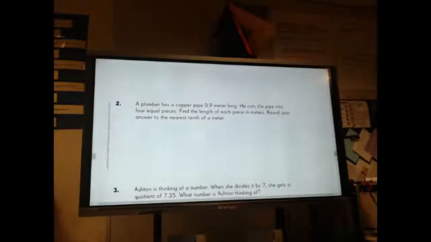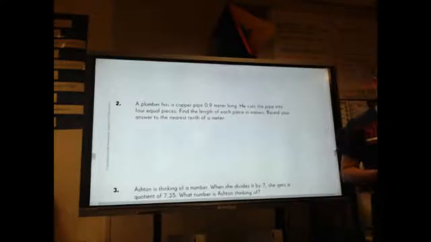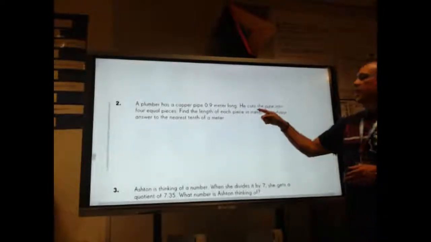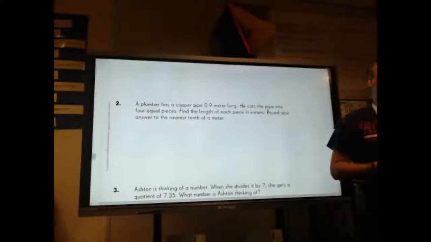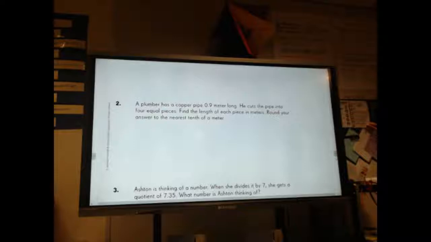So we have 3 parts here. We need to divide 0.9 meters into 4 pieces, find how much each is in meters, not in centimeters, and round our answer to the nearest tenth of a meter. Sounds like a lot of work, but guess what? It's not. All right. So let's get started.